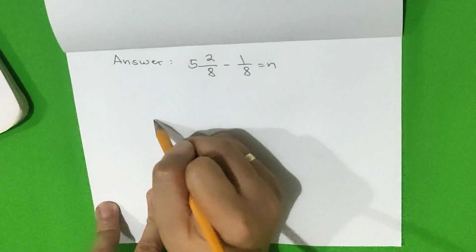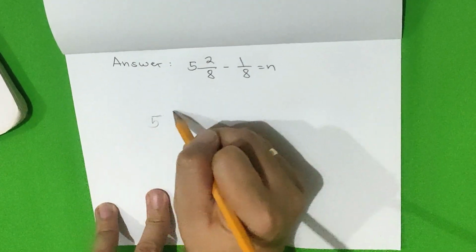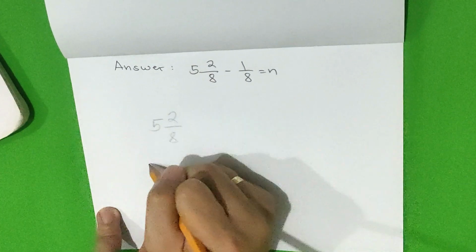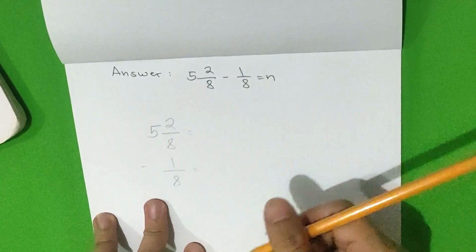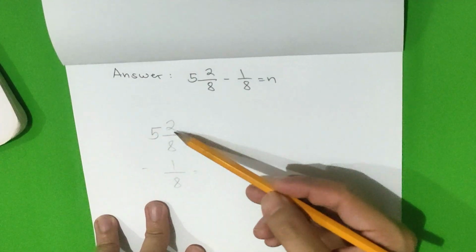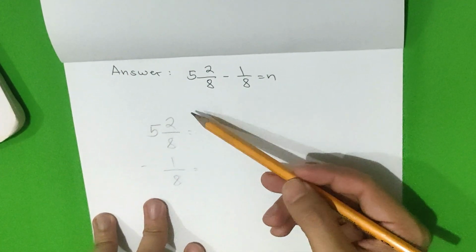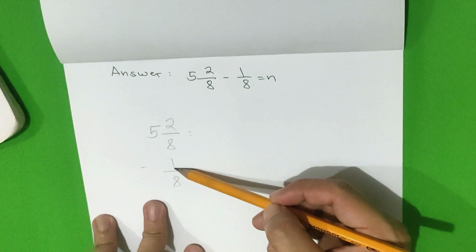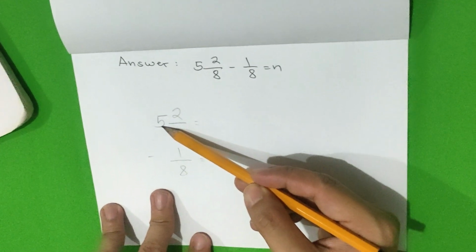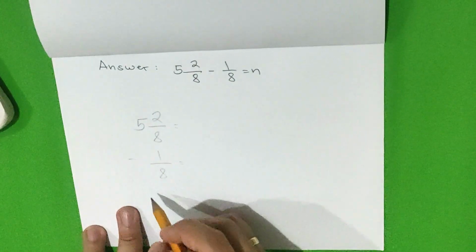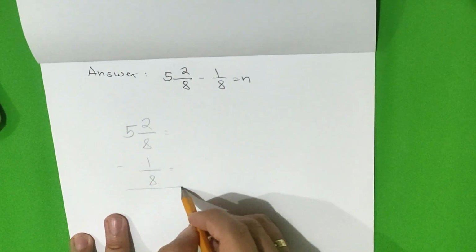So the first step is to align the fractions. Now, let's compare. The minuend is higher than the subtrahend, so no need to borrow 1 from 5. And we can now proceed with subtraction.